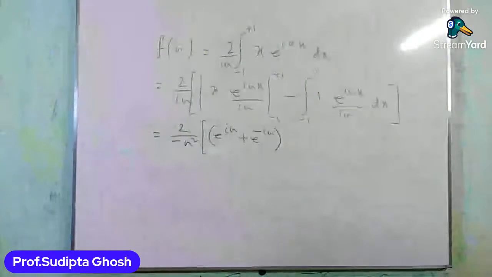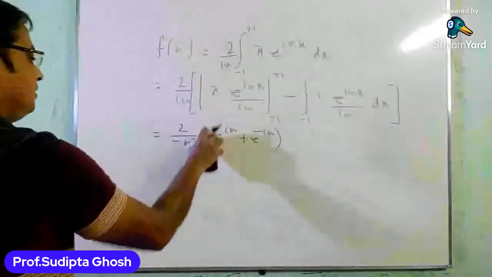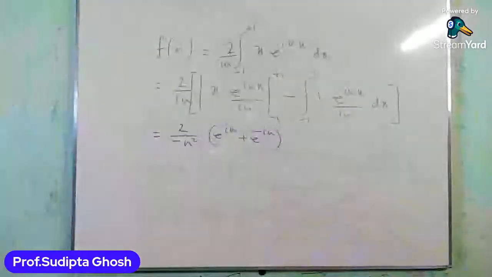Is it okay? E to the power i n plus e to the power minus i n, and if I think I can multiply and then it will be easier for you.